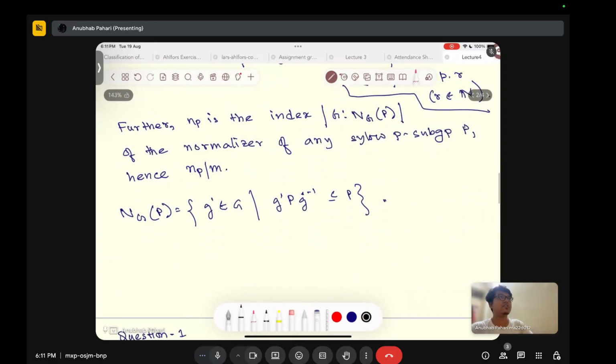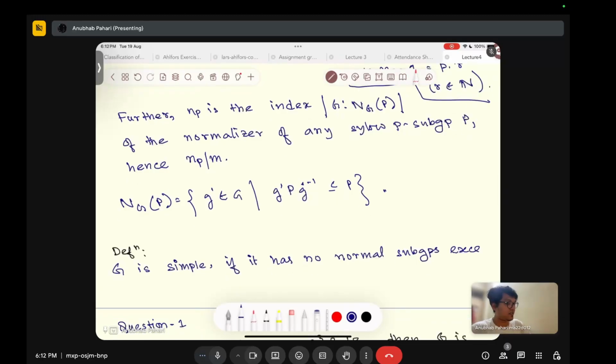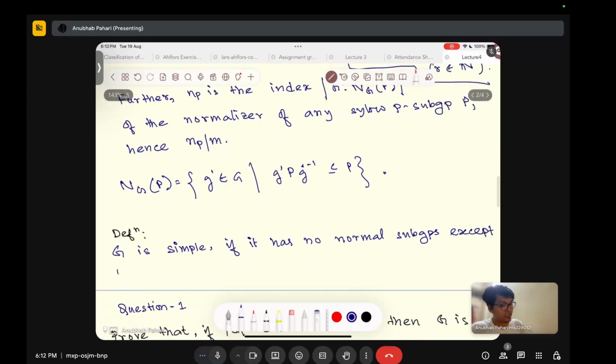So what is a simple group? Definition: G is simple if it has no normal subgroups except itself, that is G, and the identity.